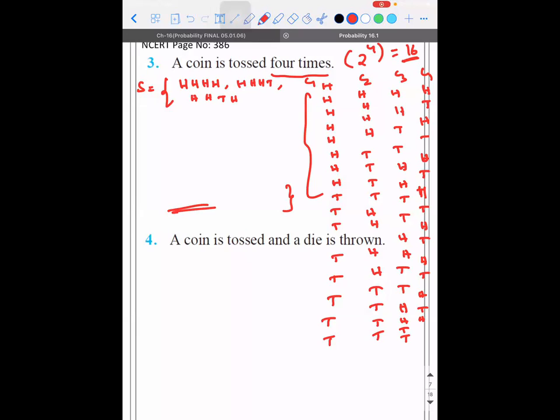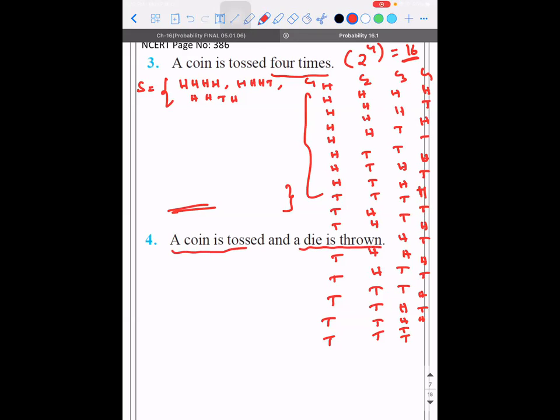So if you count all the number of sample points, it will be 16. Shall I proceed to the next one?